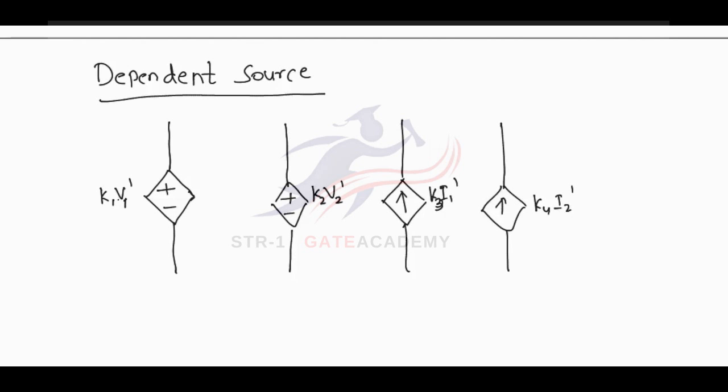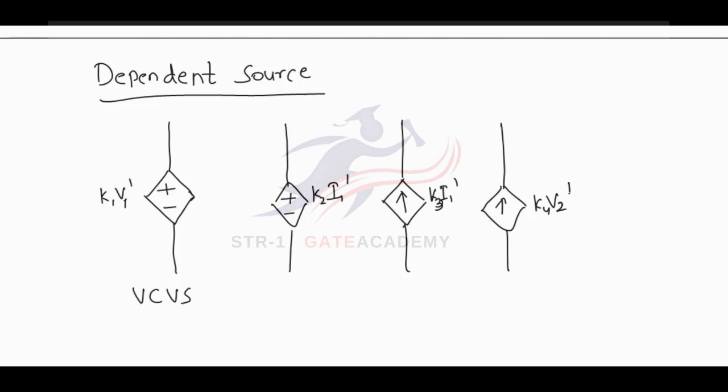So a voltage is controlling this source, therefore it is called a voltage controlled voltage source. Let me correct this. Actually I should have considered a current over here. So let me consider some current I1 dash here and let me make the correction here also.